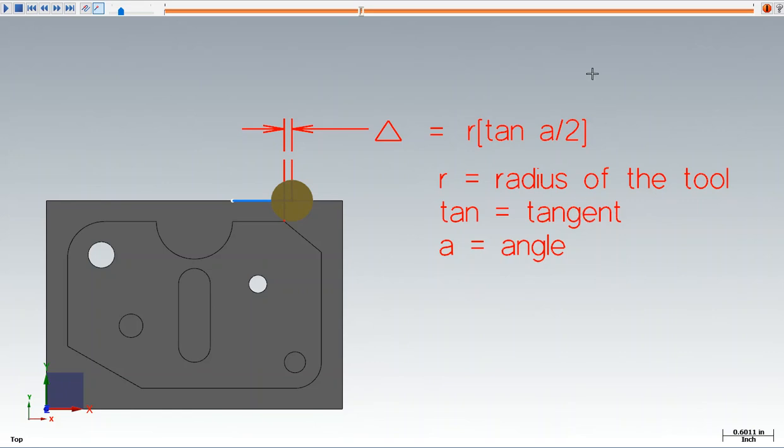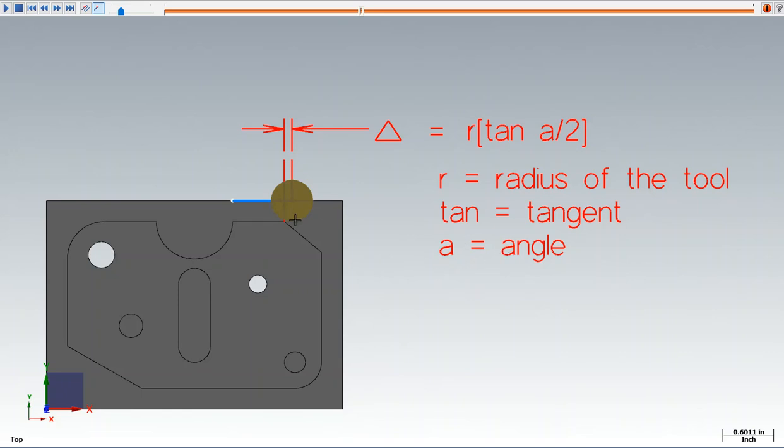And for a refresher on all the trig terms and how to figure out all the different parts of the triangle, that'll be in the trigonometry refresher, another page in this module. So tan is tangent for now. We just need to understand that's a button on our calculator that we're going to use when we're figuring out this formula. And then A is the angle.